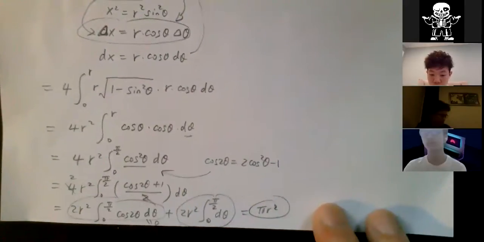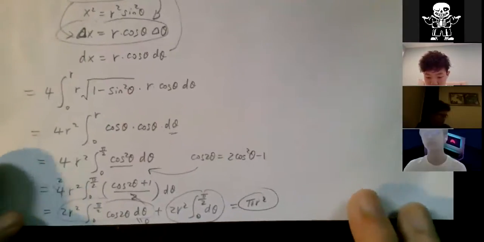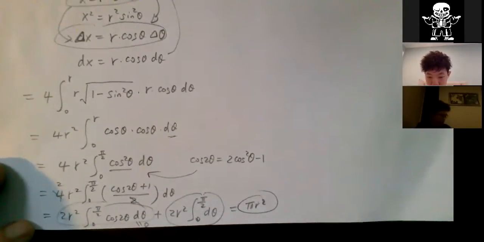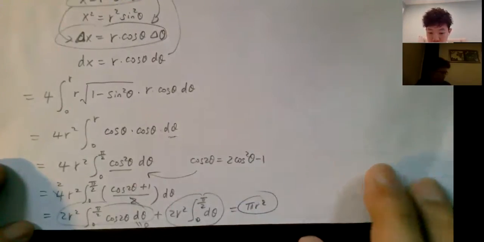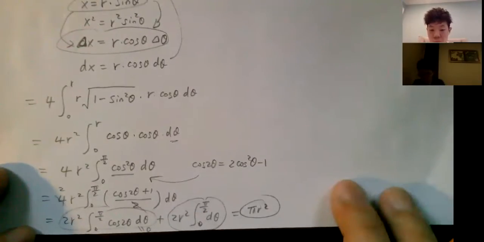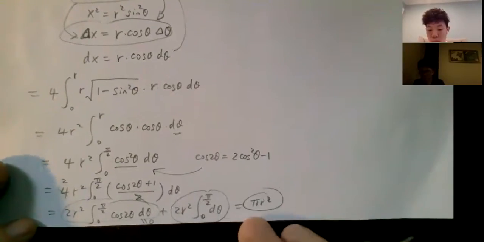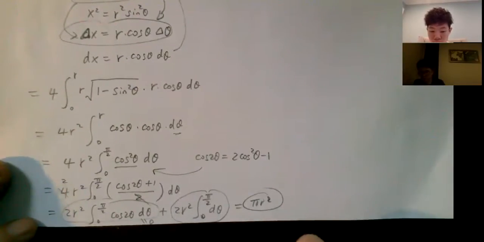So now let me go back. I don't want to go too fast here. There are a couple of things I need to further explain to you, because otherwise you get confused.